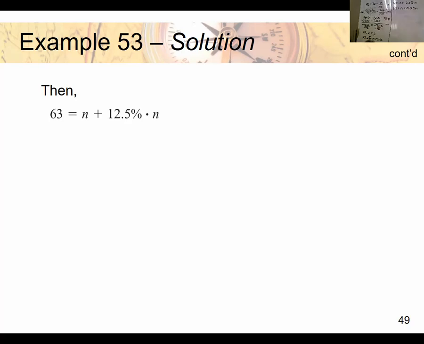So this N is like 1 N plus another 0.125 N. So if I add $1 to 12.5 cents, this will be 1.125 N.